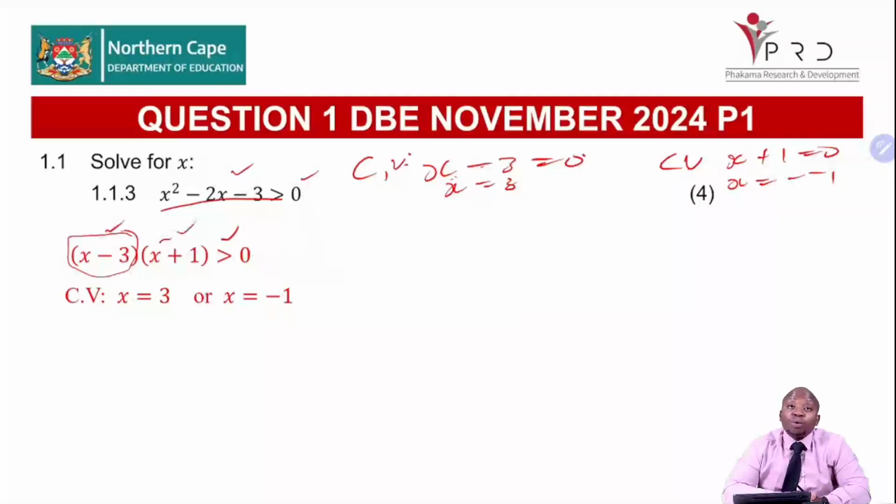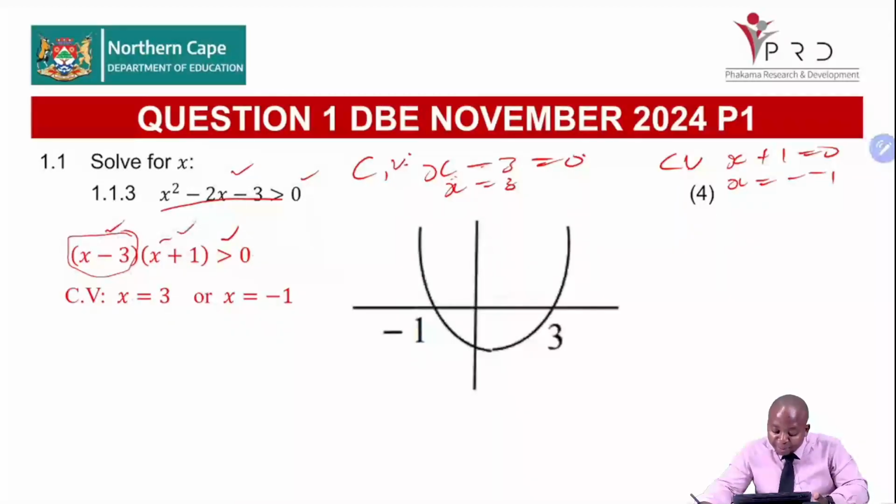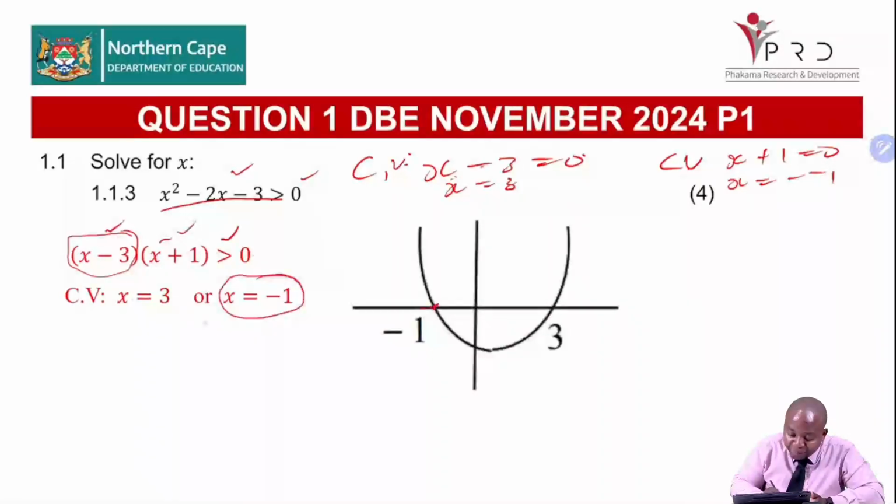Then what do I do here? Remember, these critical values are the values that I'm going to plot on my basic parabola or on my basic number line. So I'm going to code down my basic parabola. X equals -1, I plotted them, and x is equal to 3, I plotted them. Now I go back to my solution to say, what was the question requiring me to do? It said my equation, which is x squared minus 2x minus 3, must be greater than 0.